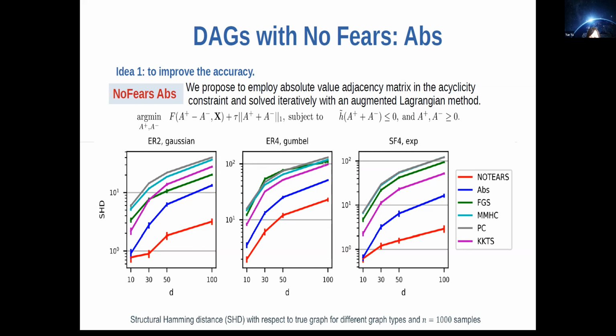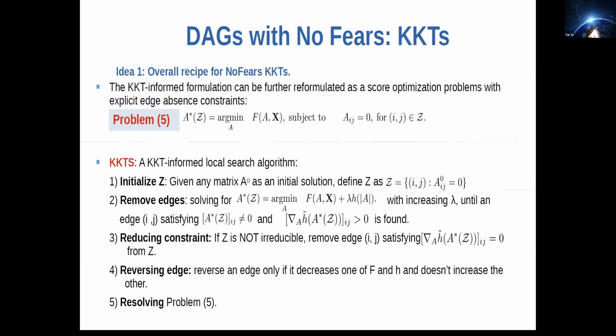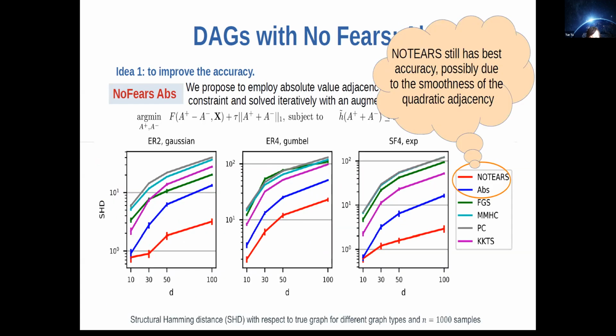So basically what we are trying to say is, although our KKT formulation looks good, it still doesn't beat our baseline method, that is NOTEARS. We suspect that's because NOTEARS has better smoothness because of its quadratic adjacency. We know that when rho, the penalty, is small, NOTEARS doesn't have a big issue, but it becomes problematic when the density becomes large.